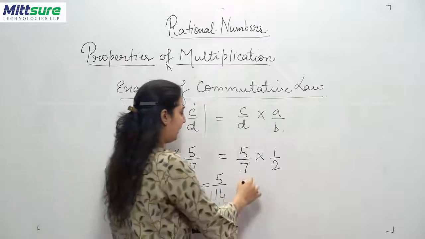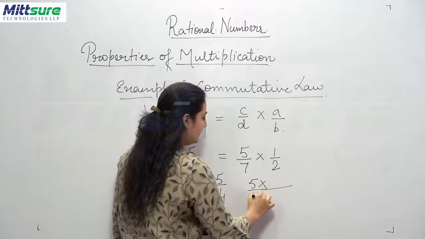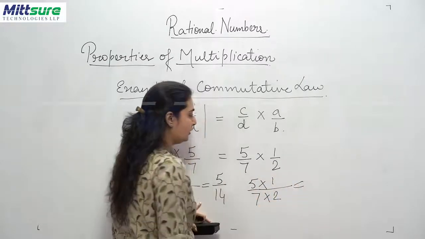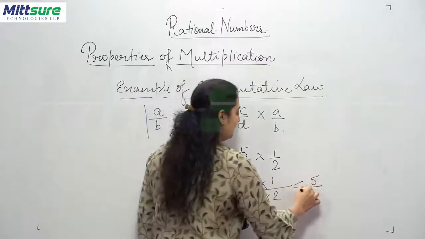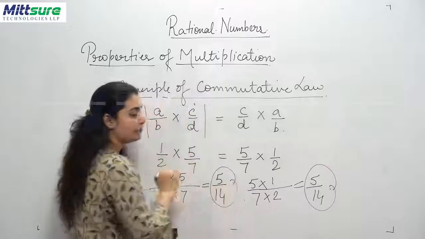And when you multiply 5 upon 7 with 1 upon 2, then also you get 5 upon 14. So see, there is no difference in the product.